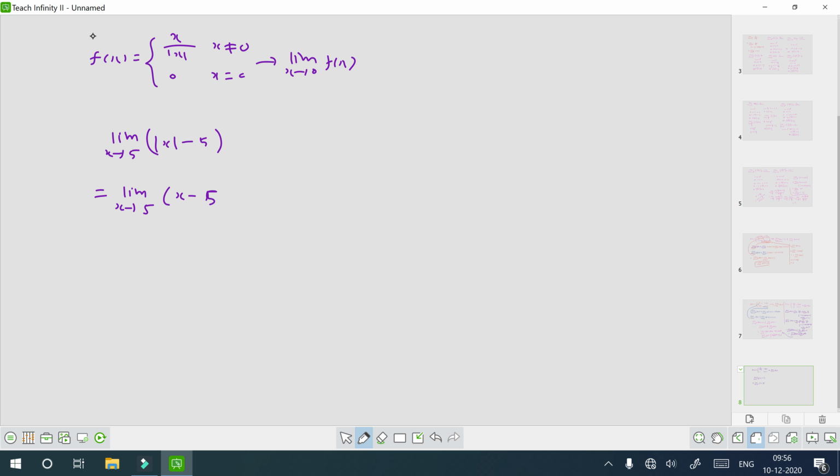Why? Because x tends to 5 and 5 is greater than 0. This implies x is also greater than 0. This implies mod x is equal to x, and that is equal to 5 minus 5, that is 0. Agree with me? So this one is for you.